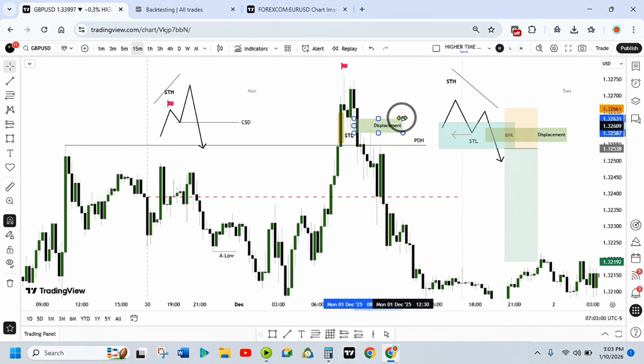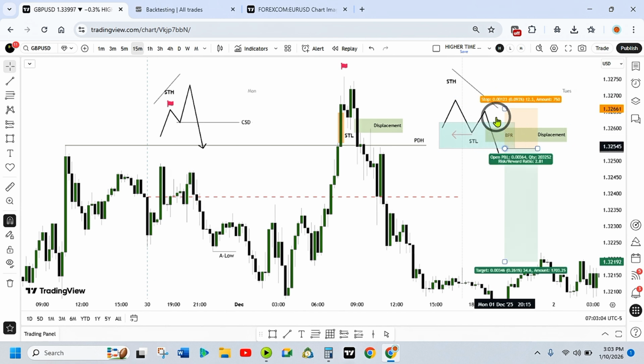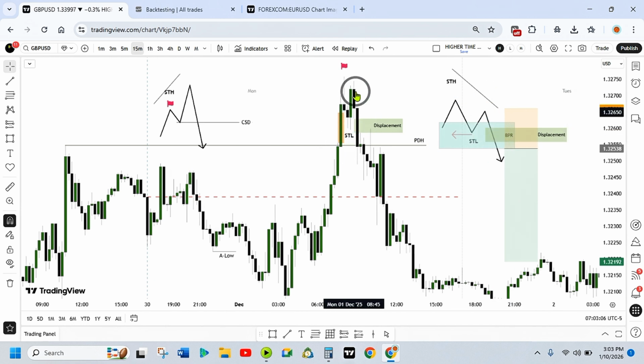So this is what I've been explaining here. This means we are changing state of delivery, and this green candle, or opposing candle relative to the current delivery, which is bearish, is going to be an order block.